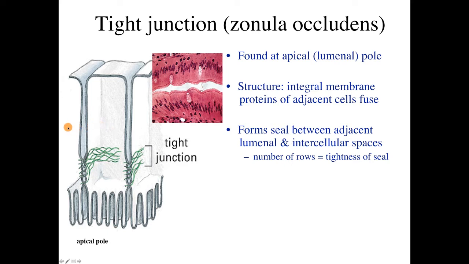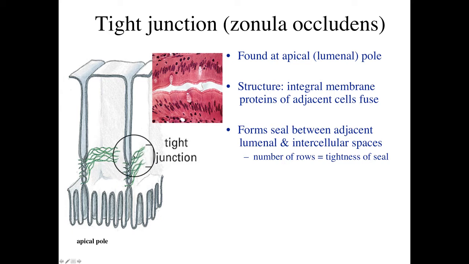This would be the portion of another cell or the portion of a third cell. These zonula occludens or tight junctions are forming seals. They're separating the luminal space from the intracellular space. That means that material doesn't flow between the cells, but would have to cross these tight junctions.